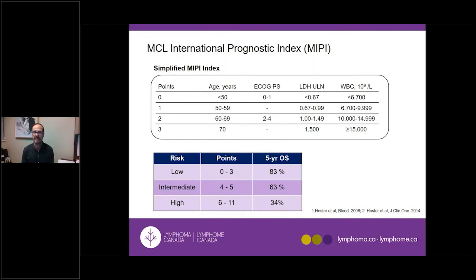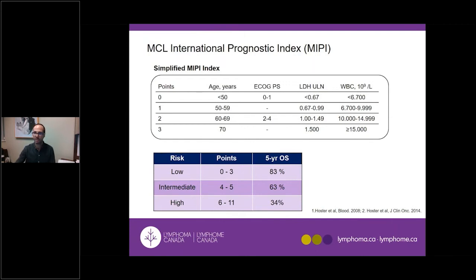I think that's just because it's easy to calculate. And what you do with this is you assign different points for different categories of age, different categories of performance status, categories of lactate dehydrogenase and total white blood cell count. And you can basically add the points depending on whatever those values are.